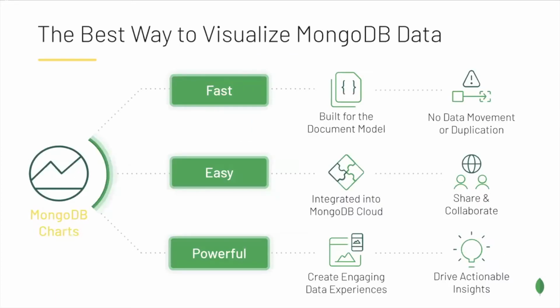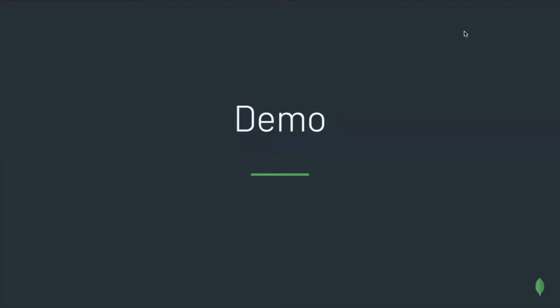The best way to visualize MongoDB data is MongoDB Charts. It is fast to visualize your data. It's easy to get started and share data. And Charts is powerful to create engaging data experiences that drive actionable insights for internal and external users.